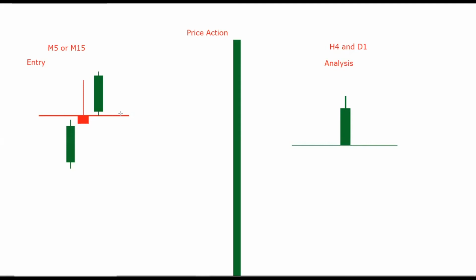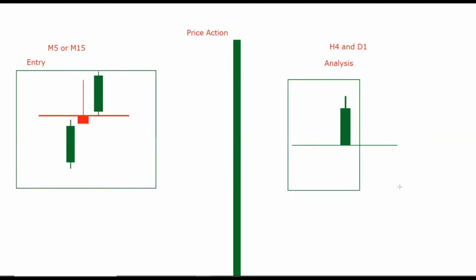I wait. I don't close if I am buying. I don't go for a sell. Why? Because I have seen this price. Rule number 2. We are closing on this.